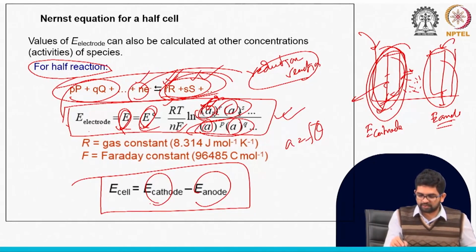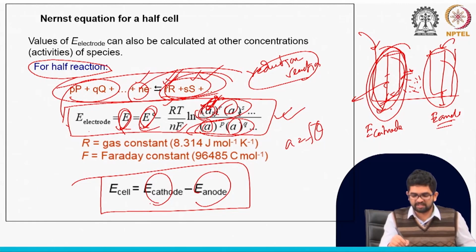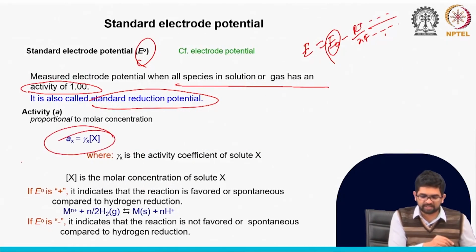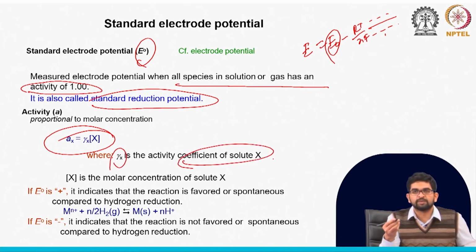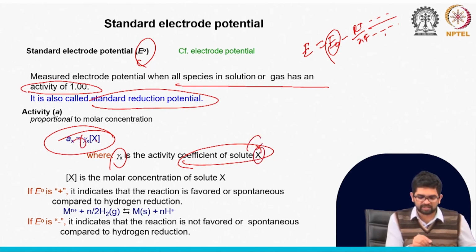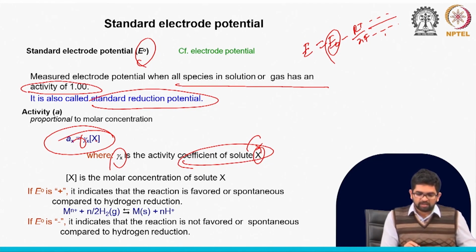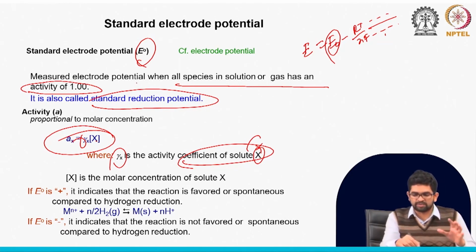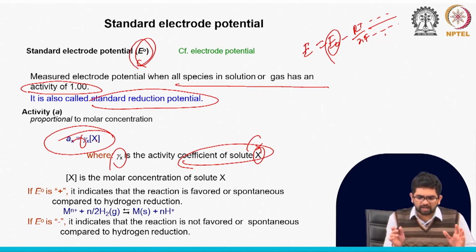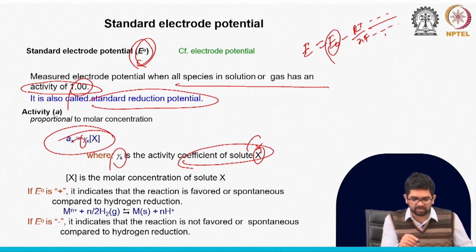If you go back to the equations, here we represent the activity as gamma times the concentration, where gamma is the activity coefficient of the solute x. So, you can calculate that. The standard electrode potential E0 can mainly be obtained only when your species in solution or gas has an activity of 1, which is the ideal case, and not always possible.